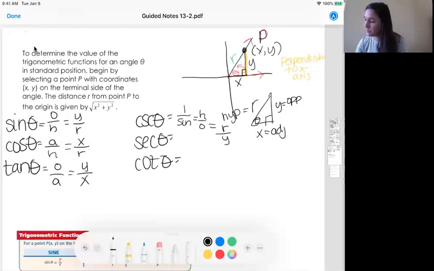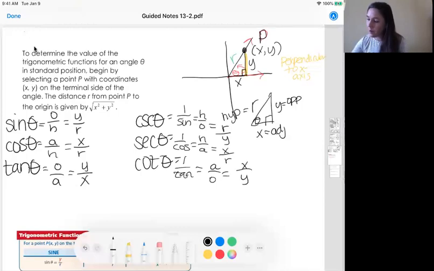Secant is 1 over cosine, so that is hypotenuse over adjacent, which is r over x. And then cotangent is 1 over tangent, which is adjacent over opposite, which is x over y.